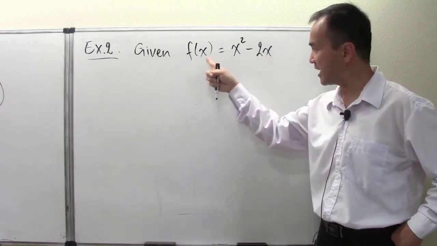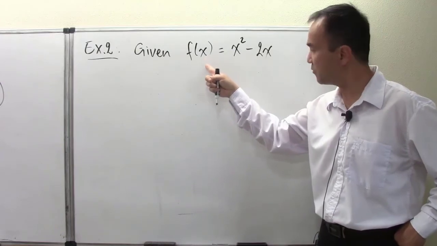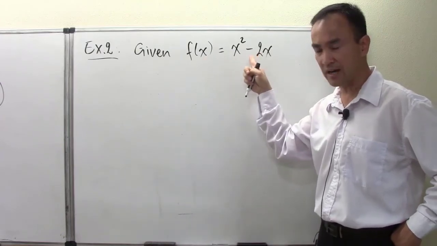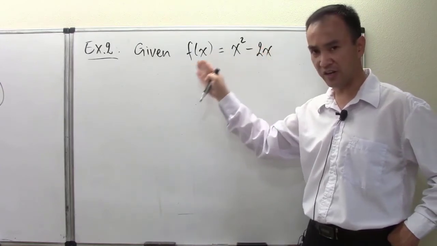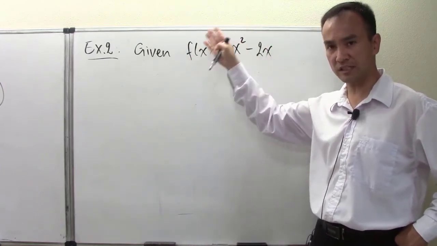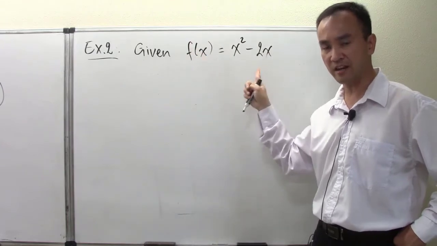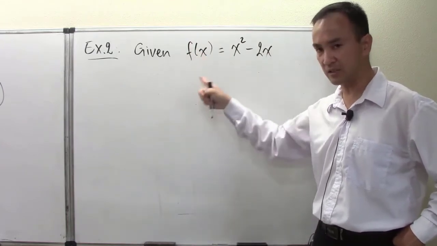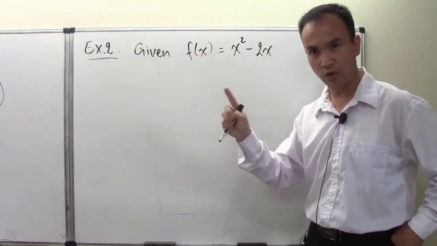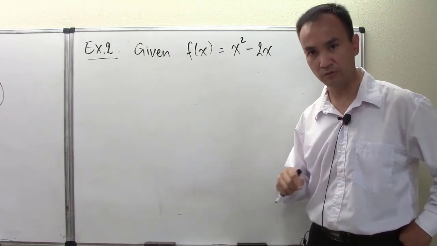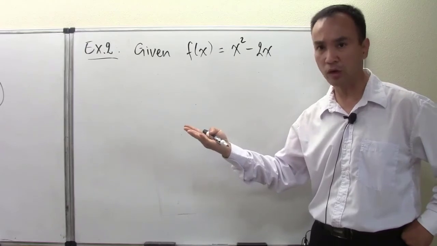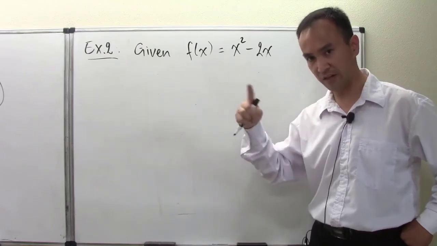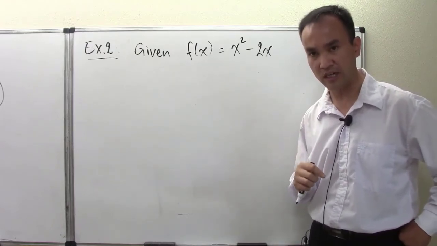This function says for any input x, we square the input and subtract 2 times the input. So the function can simply be given with the rule explicitly stated, and there will be no table given from the beginning. We will build the table ourselves. In earlier examples, since the rule wasn't clear, the table representation was given instead.